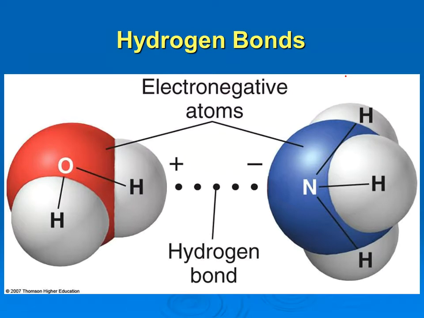Remember that water, the H2O molecule, is held together through the covalent bond, but you have seen here one molecule of water and then a molecule of ammonia, and the hydrogen from the water is being attracted over to the nitrogen from the ammonia molecule, and so it's creating just a little bit of a charge, a little bit of a bond, a little bit of an attraction between these two, this hydrogen and this nitrogen. Right? It doesn't form a new chemical or anything. It's not a chemical bond. It's just a little bit of an attraction.